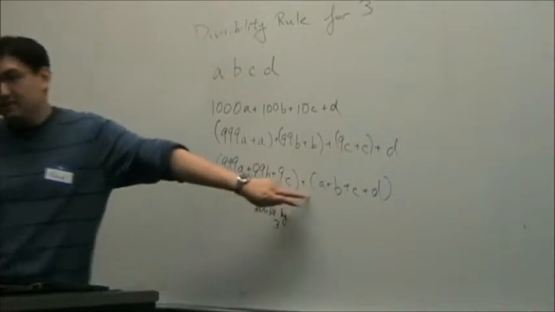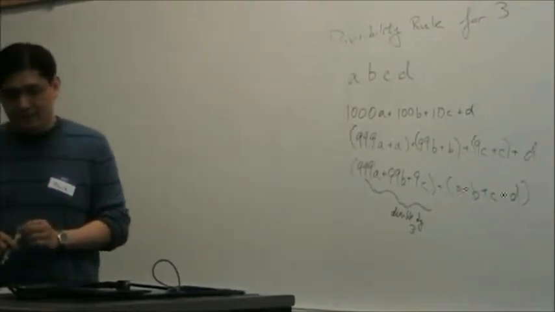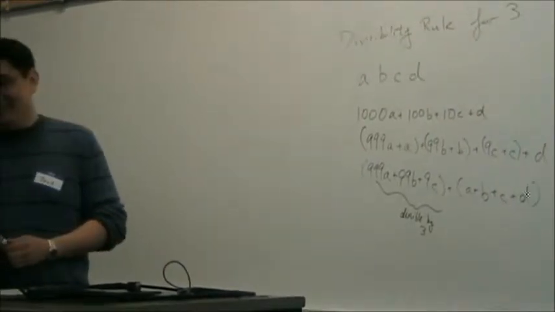Which means as long as the sum of the remaining digits is divisible by 3, then the number is divisible by 3. And the same thing works for 9, that's true.